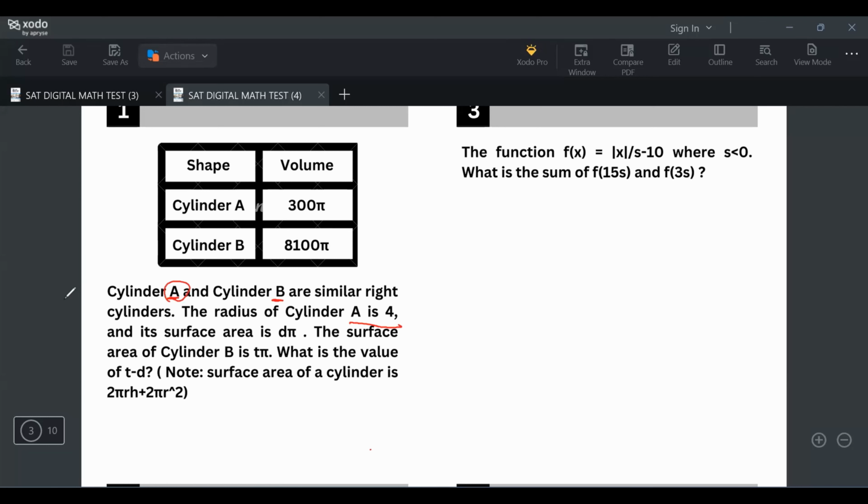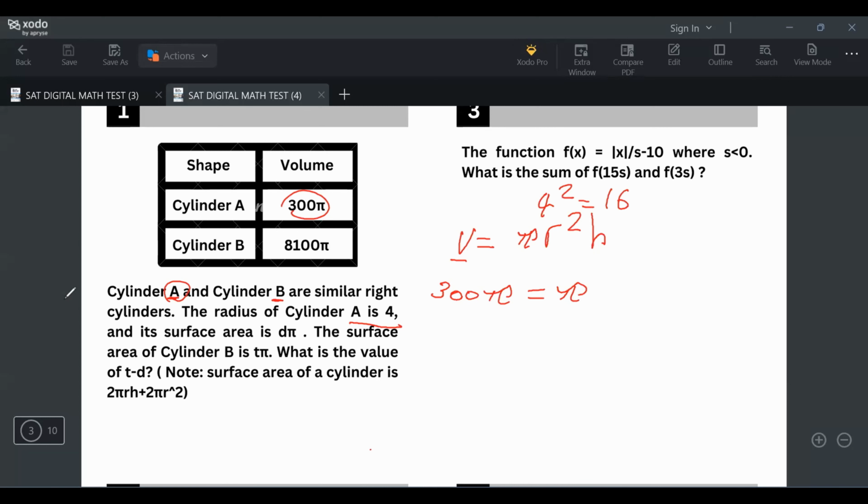We already know that the volume of a cylinder is equal to pi r squared multiplied by the height. R is the radius. So we know the volume, which is 300 pi. So we can say that 300 pi is equal to pi multiplied by r, which is the radius, equal to 4, and 4 to the power of 2 is equal to 16.